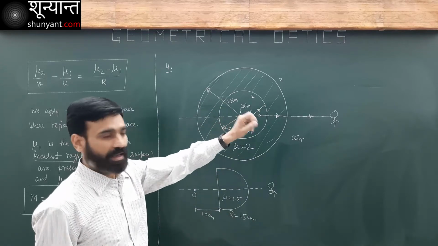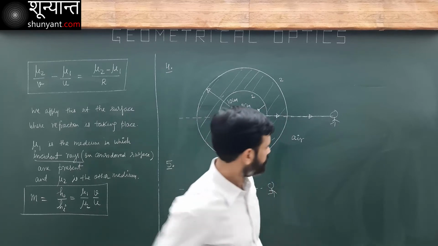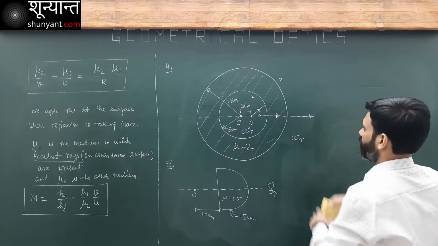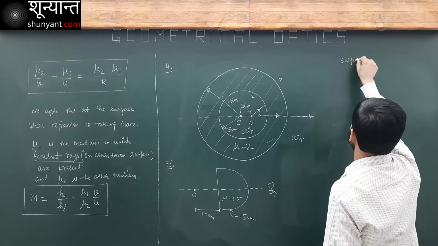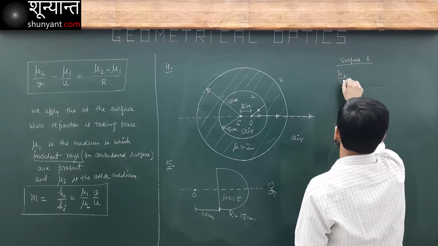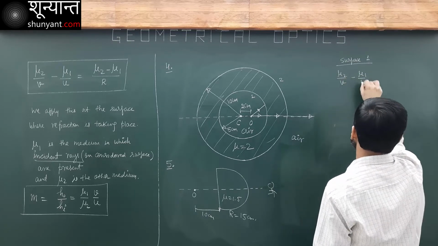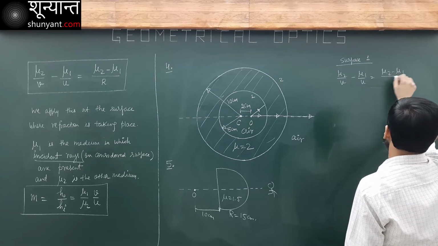Refraction is going to happen at surface 1. I'm going to write mu 2 over v minus mu 1 over u is equal to mu 2 minus mu 1 over r.